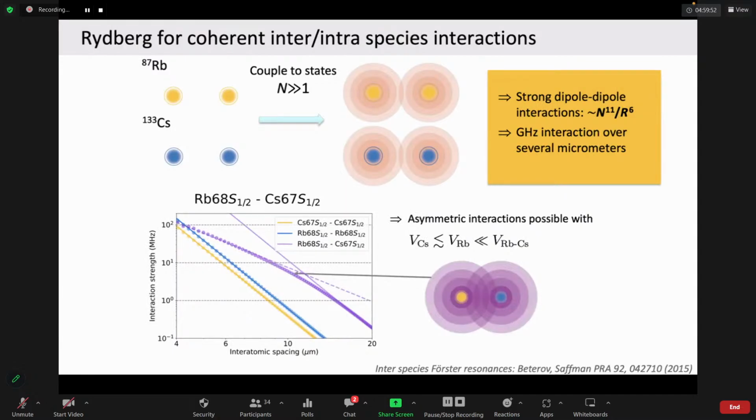And this is a regime that's interesting because now I could, for example, use one of the cesium atoms to control many rubidium atoms that are not interacting among themselves. Or I could map the state of rubidium atoms onto this central cesium atom and then read it out. And like that, maybe extract something like a stabilizer for an error correcting code.